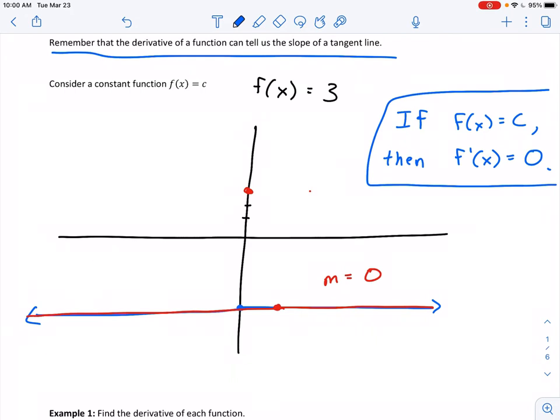It's really easy to remember. If you're taking the derivative of a constant, it's going to be 0. It doesn't matter what that constant looks like, whether it's positive or negative, whether it's a whole number or a fraction or a decimal, big number, small number, the derivative of all of those is going to be 0.